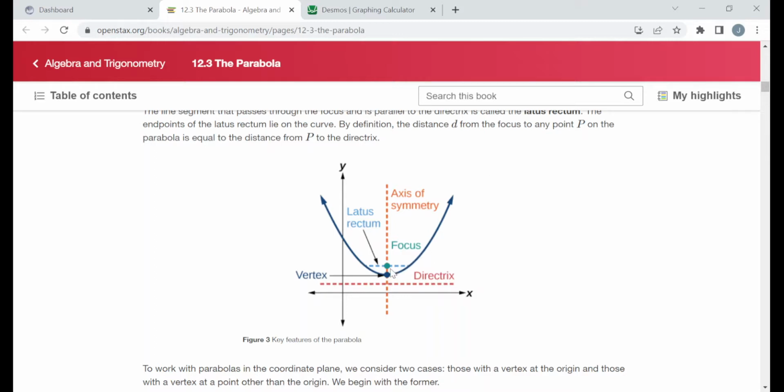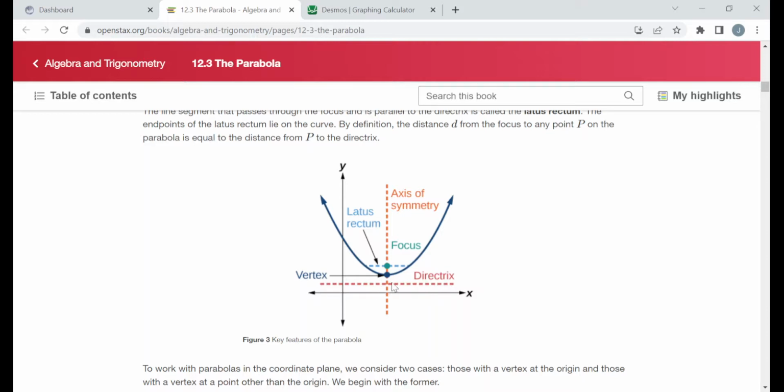Now, on the axis of symmetry, inside the parabola, surrounded by the curve, is another special point called the focus. You see a focus labeled here. The distance from the vertex to the focus is the same as the distance from the vertex to this line on the other side called the directrix.